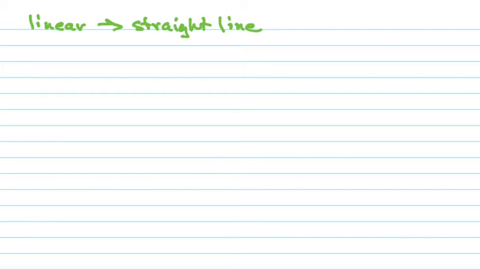If I graph it and I get a line that looks like this, am I happy? No, it should look like this or this. Just a straight line. So keep in mind that when you're graphing linear and you don't get a straight line, then you probably have a mistake somewhere, and it's usually a sign error.